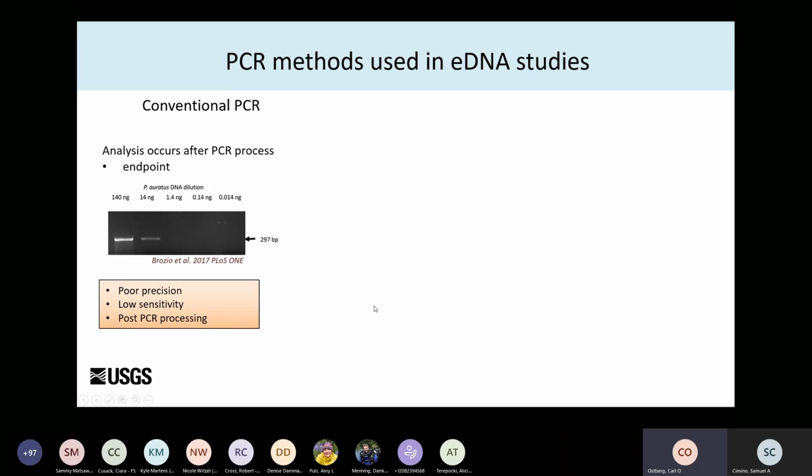This method was used early on in the days of eDNA species detection, but it's really not well suited for eDNA applications because it has poor precision, low sensitivity, low resolution, and requires post-PCR processing, as in gels for detecting an amplification product. So it really doesn't get much use anymore.